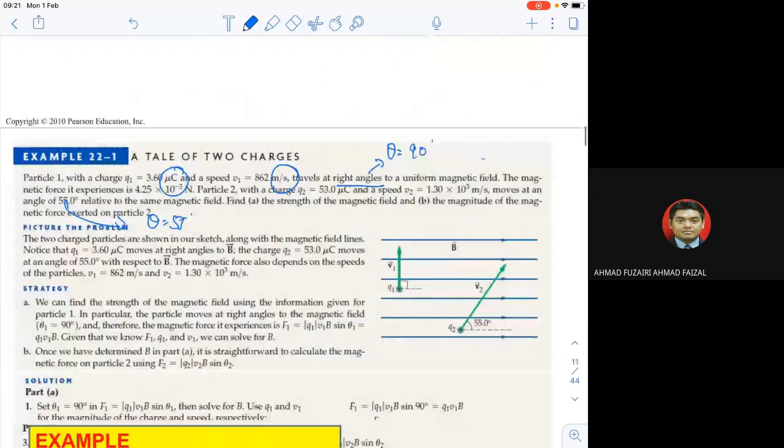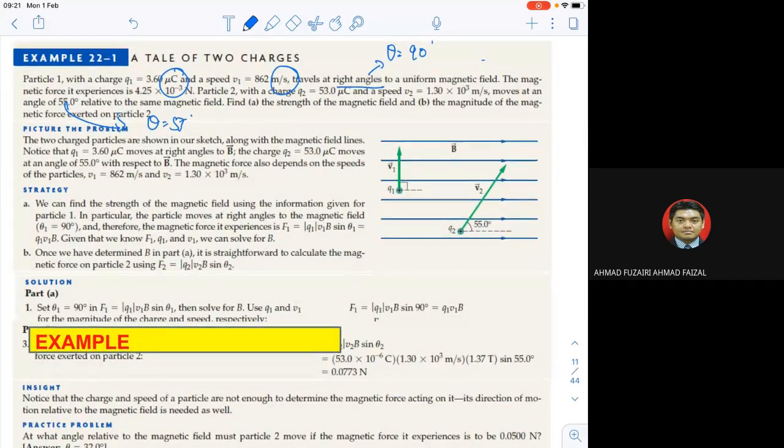Now we can use F equals QVB sine theta. We rearrange to get B, because we already have F: B equals F over QV sine theta. At the first part, theta is 90, and sine 90 equals 1.